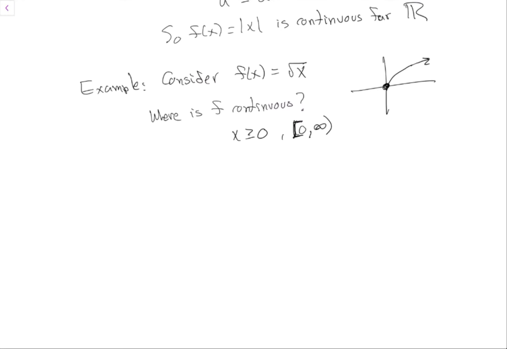Now we could, and if you say you're going to major in math, you can take a course called abstract algebra where you would actually do a proof showing that the function root x is continuous for 0 to infinity, just like we did for the absolute value function. But the purpose of this course is not really to do rigorous mathematical proofs.